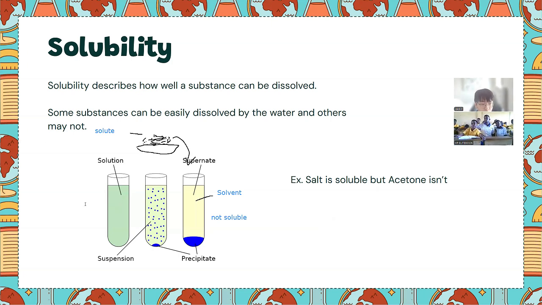But this one, on the other hand, on the left, you can see that the particles are all dissolved in the solvent. The solute is completely dissolved in the solvent. Another solute is put in the solvent, but it all dissolved.